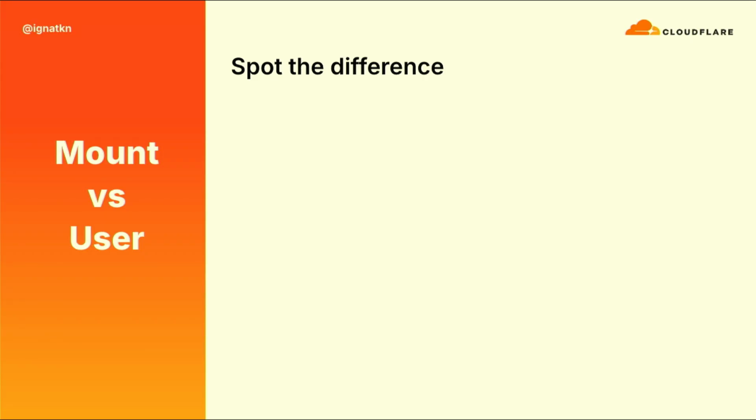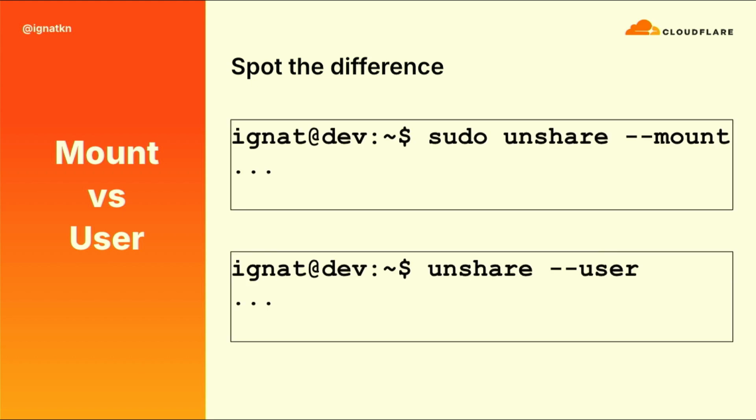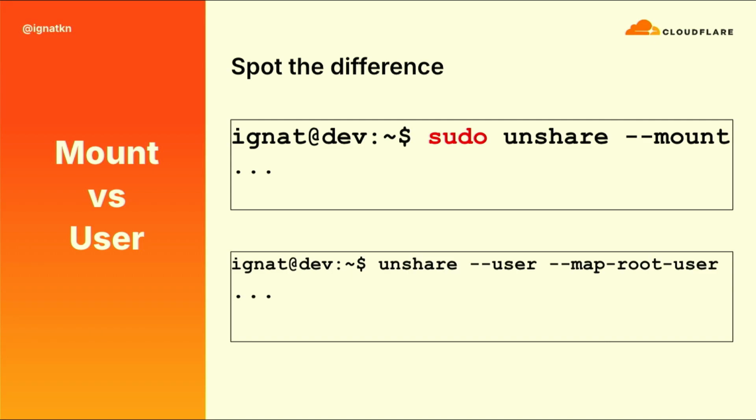If you're attentive enough to my demo, you will see that this is how I created the mount namespace, and this is how I created the user namespace, right? With the mount namespace, I had to use superuser privilege, and the user namespace I could just create without any privileges. Moreover, I can create a user namespace without any privileges and become root in this namespace, right? So this is cool, right?